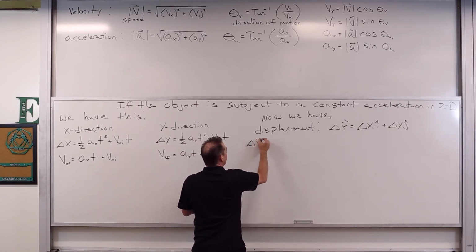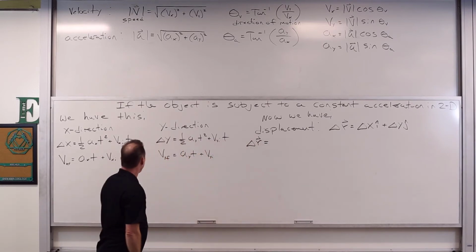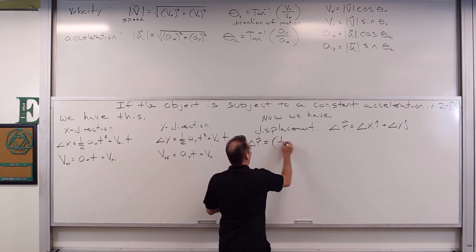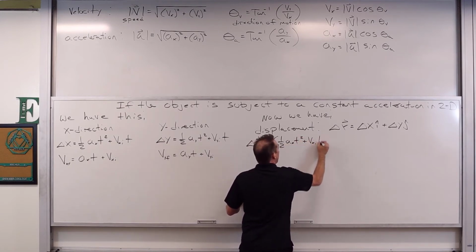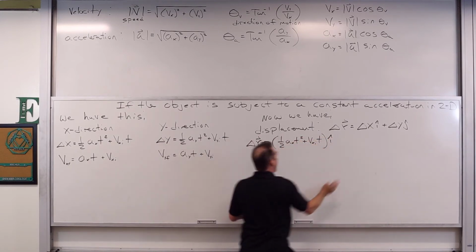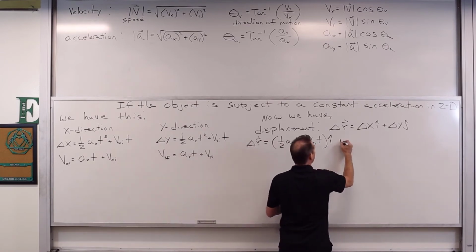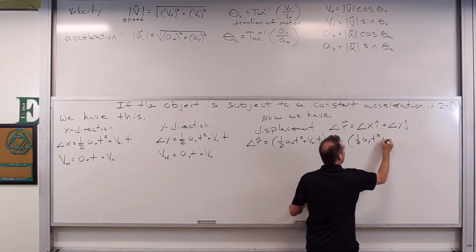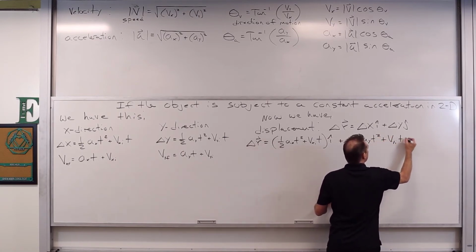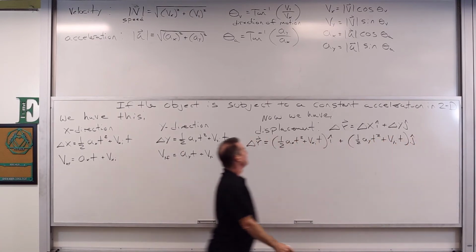Delta r would then be equal to 1/2 a x t squared plus v x i times t, that quantity in the i hat direction, plus 1/2 a y t squared plus v y i times t, j hat.